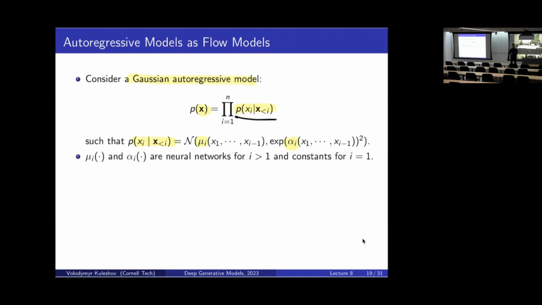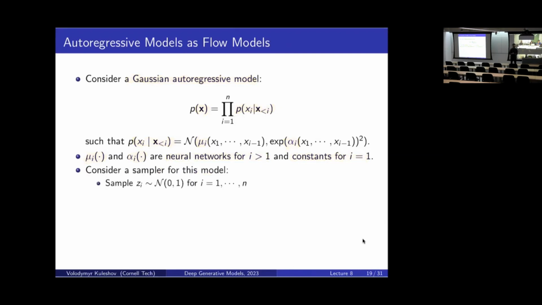It can also be a Gaussian. And the parameters of this Gaussian, mu i and alpha i, are parameterized by neural networks of the previous components. And for the first component, because there's nothing to condition on, they're just two initial learned constants.